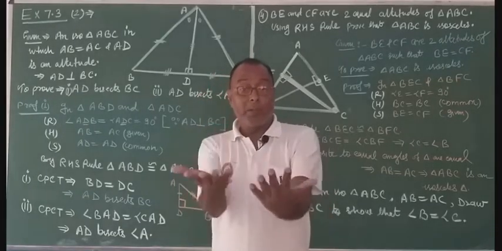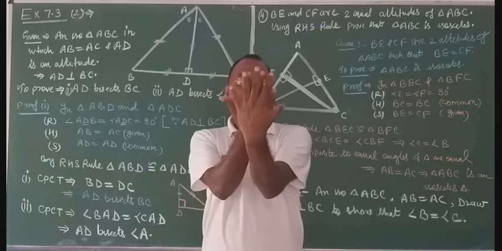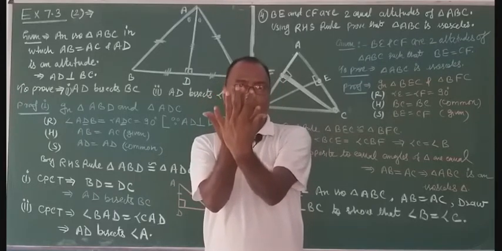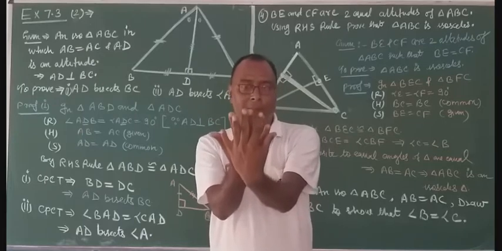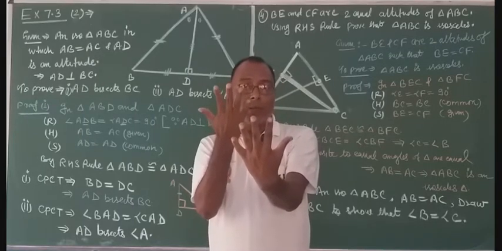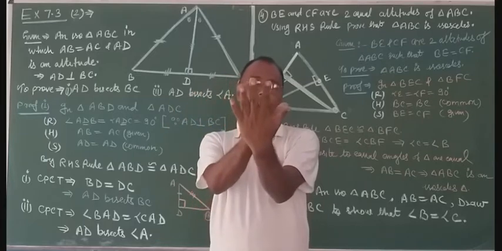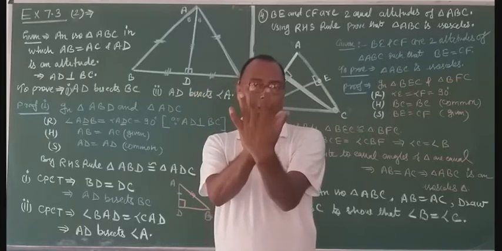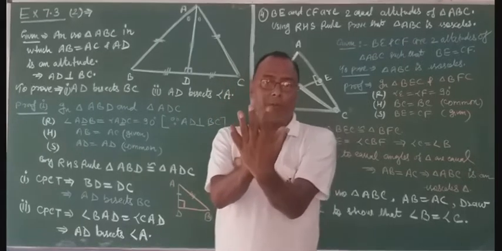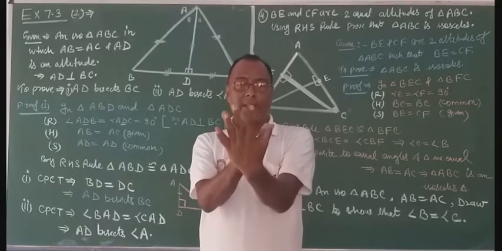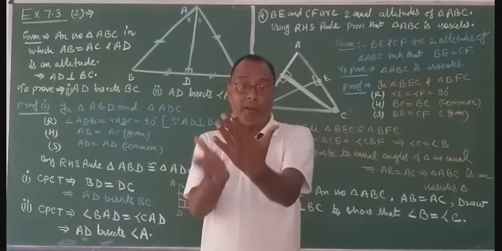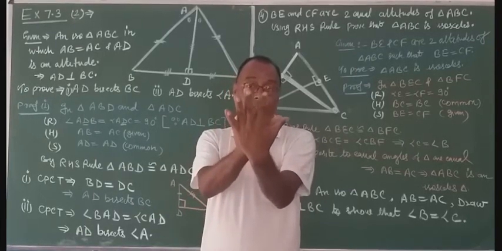But if we put it like this, are the fingers overlapping each other? No. It means they are not in the corresponding sense. If we put it like this, then they just overlap each other, and this is the main property of congruent things. They just overlap each other. This thumb will overlap this thumb, this will overlap this, and this.